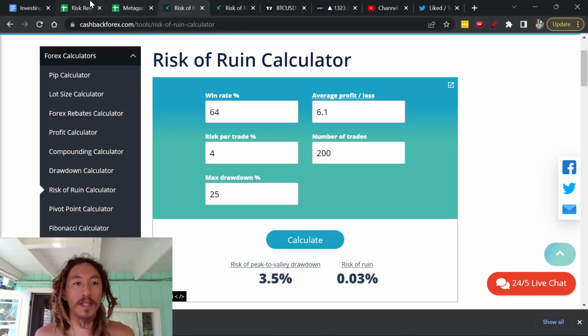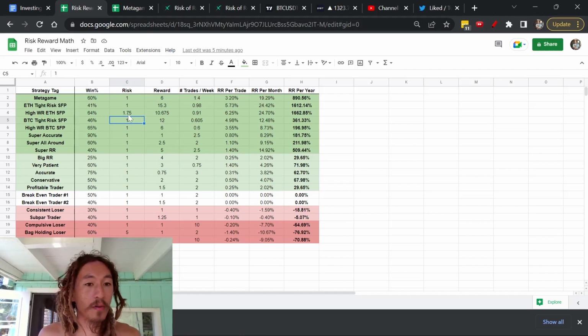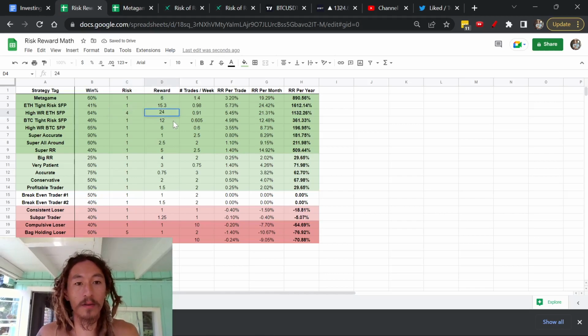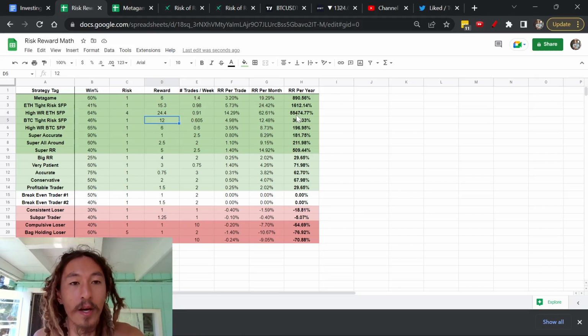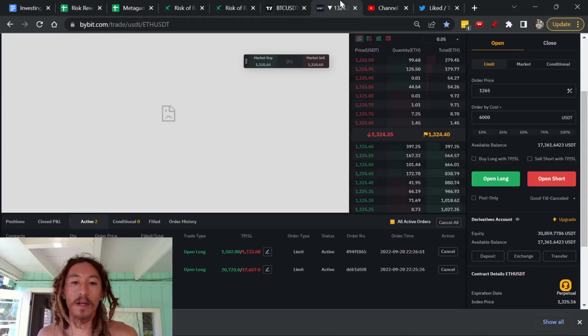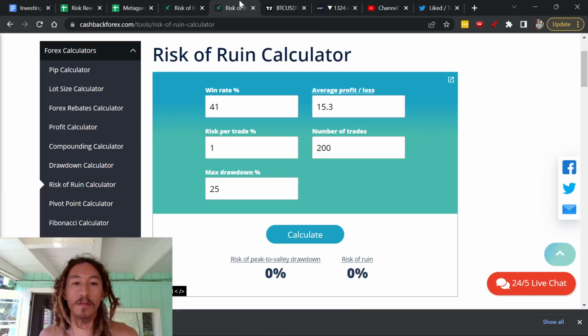So let's say I'm going to risk 4, but I'm going to get 24.4 now. So if I'm risking 4, these numbers start to not even make sense, where I'm getting nonsensical returns and I'm not losing much at all.